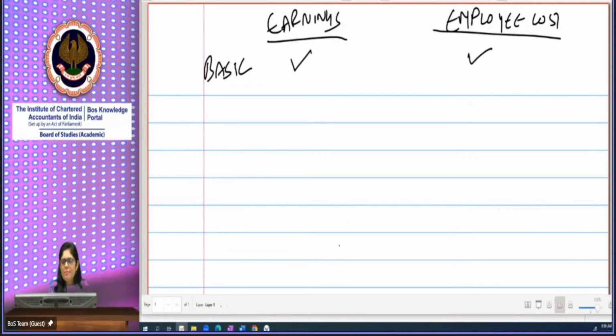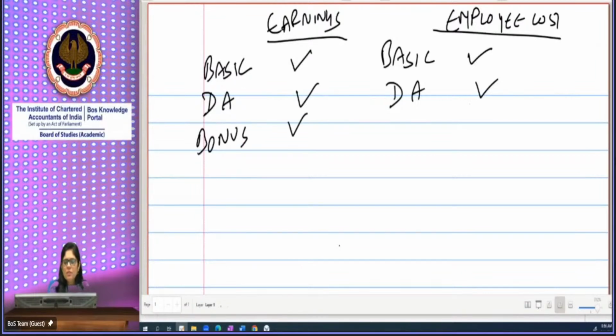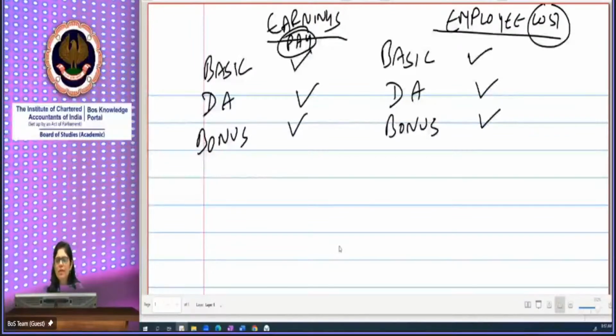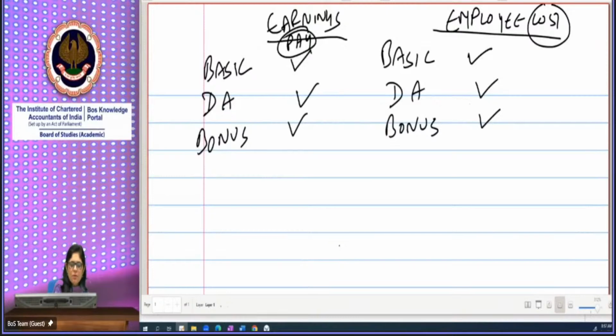So basic pay will be added to both. DA will be added to both. Clear? Bonus will be added to both. Earnings means whatever we are paying to the employee, the earnings which we have to pay. And this is the cost to the employer. So both we are paying now.